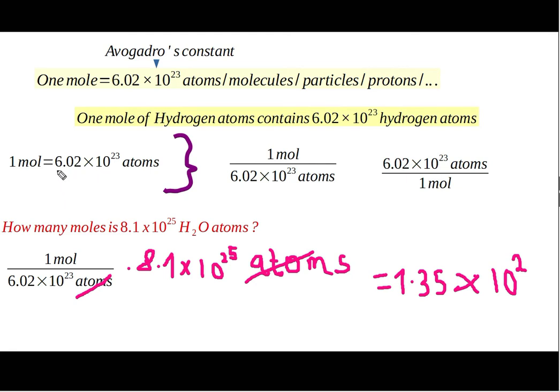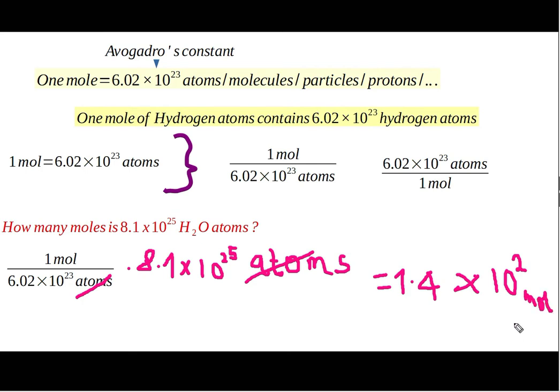Actually, I can approximate it to 2 significant figures, because if you look here, I have 2 significant figures, and normally we choose the smallest number of significant figures to express our solution. So it's better to put it as 1.4 moles. So this is the solution.